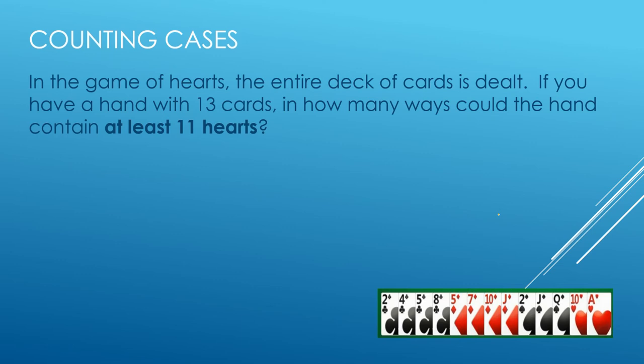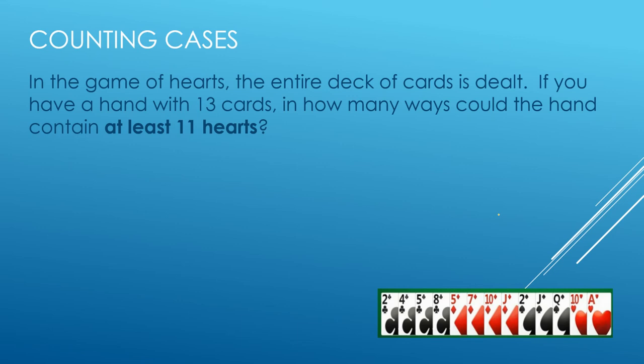So in the game of hearts, where the entire deck of cards is dealt, that means if there's 4 players, every player will have 13 cards. Bridge is another game like this, or a variety of card games where you deal out everything. And in the case with 4 people, you would get 13 cards. We're going to find the number of ways that somebody's 13 card hand could contain at least 11 hearts.